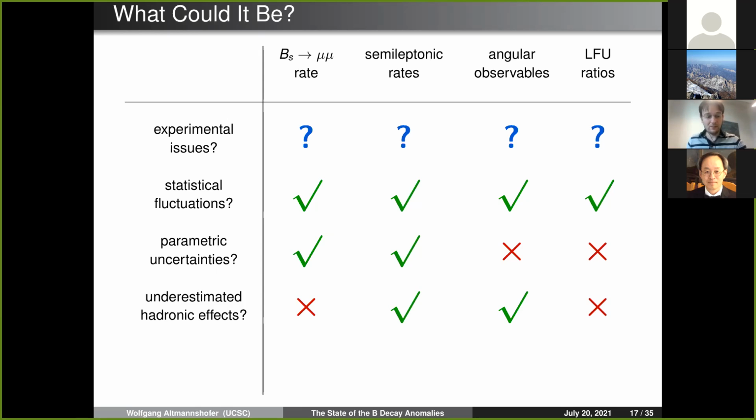So these hadronic effects, I don't think they could explain meson plus or minus, and they also cannot explain these lepton flavor universality ratios Rk and Rkstar that, as I argued before, are almost insensitive, completely insensitive to these hadronic effects. Then, of course, the most exciting possibility is that all these discrepancies are due to new physics, and this is the option that I will discuss now in more detail in the coming minutes.